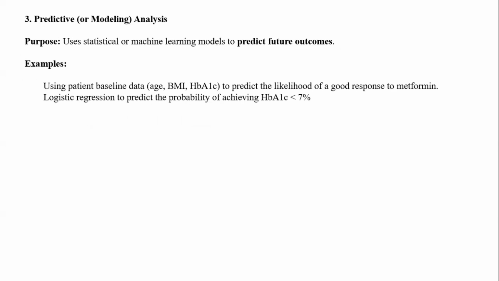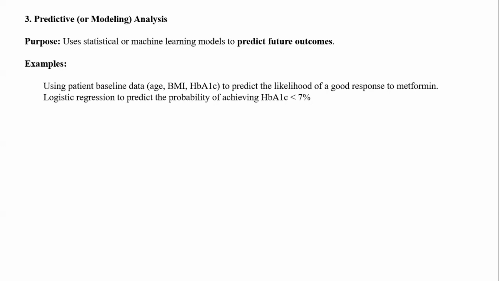We have the predictive or modeling analysis. In statistics, predictive analysis usually uses statistical machine learning to build a model or an equation. For example, using a patient's baseline data, that is the first-day test of a patient who has been subjected to metformin, say it was 5.0.